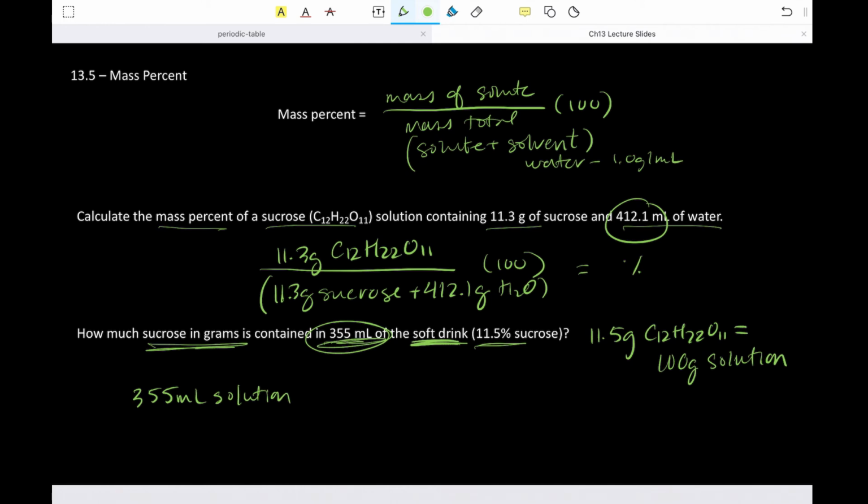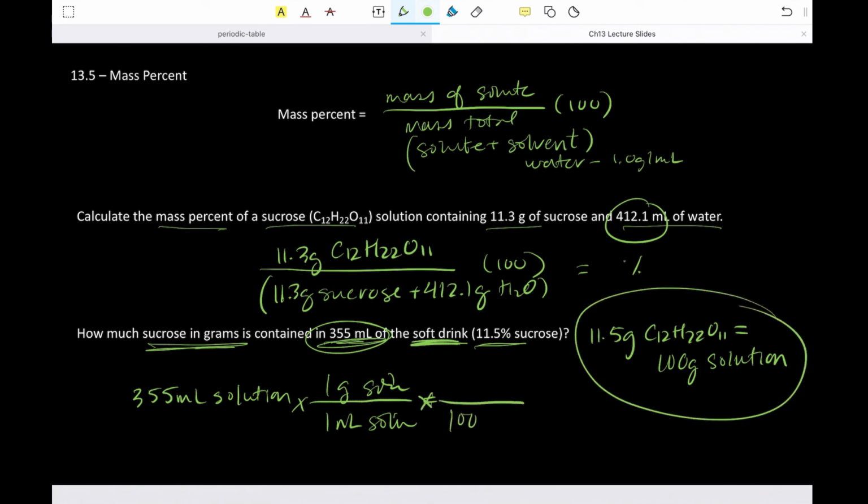And then we would go from mils of solution to grams of solution, and then we would insert this, which says that for every 100 grams of solution, there are 11.5 grams of sucrose. And then my grams of solution cancel, volume of solution cancels, and I have now calculated how many grams of sucrose are contained in that amount of my soft drink.